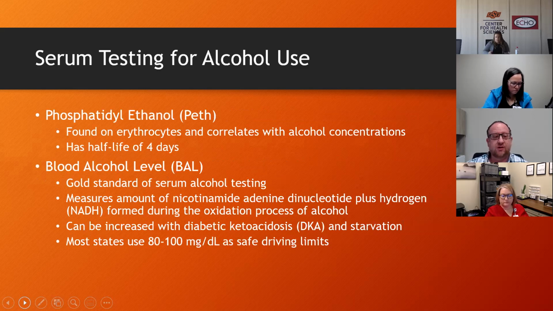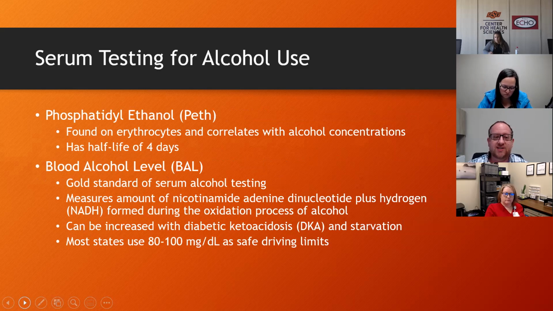An even newer option that's available is the phosphatidylethanol, or PEth result. PEth testing is very expensive. So is CDT. These newer tests are much more expensive than our old tests, just looking at GGTs and AST, ALTs, and MCVs.